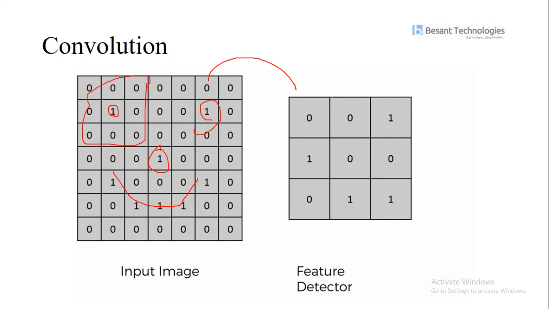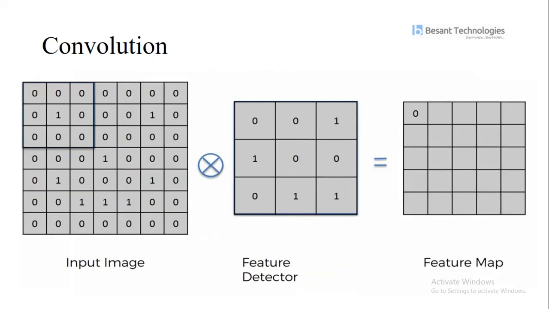Now we are comparing this feature detector with our input image. This is the box which we will get: 0 0 0, again 0 0 0, 0 1 0, 0 1 0, 1 0, again 0 0. So everything now comes as 0. This is what our feature map is.